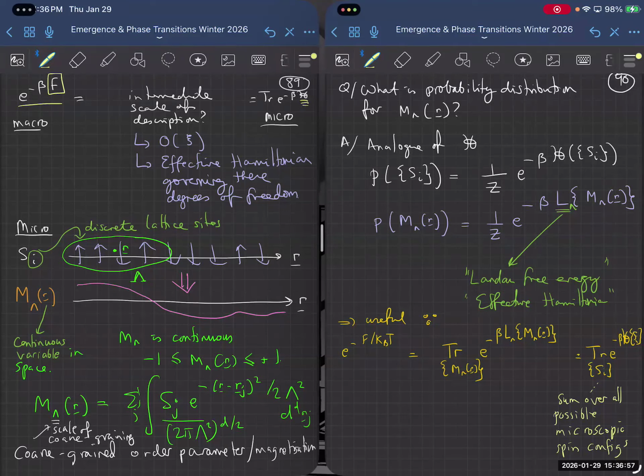And this thing means a sum over all possible smooth, continuous functions.